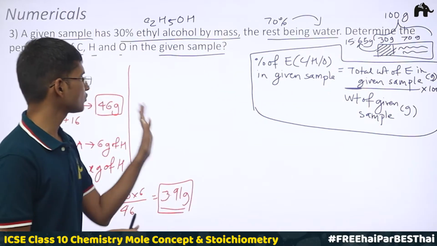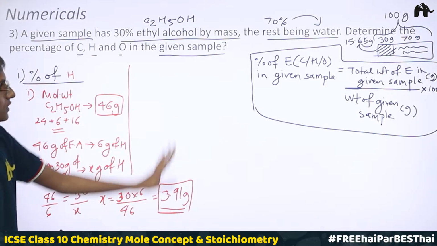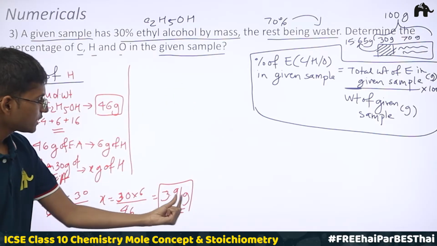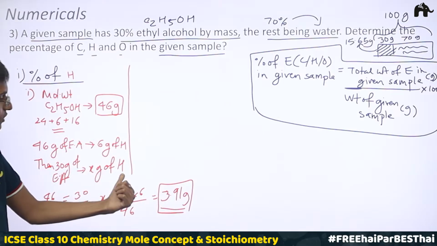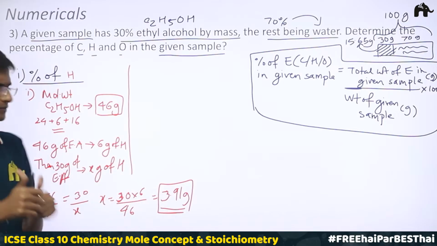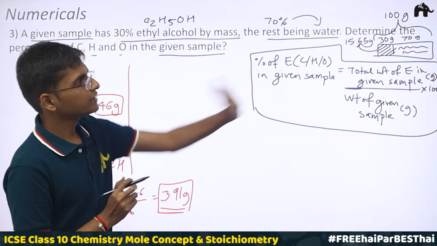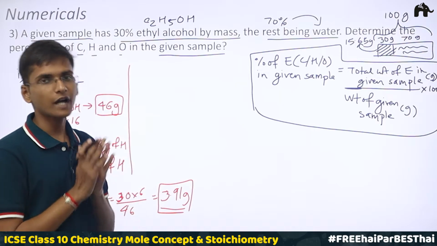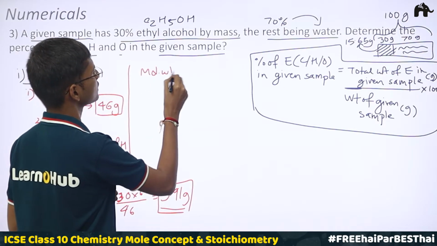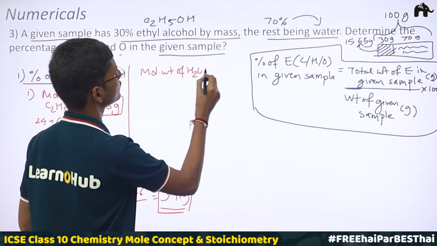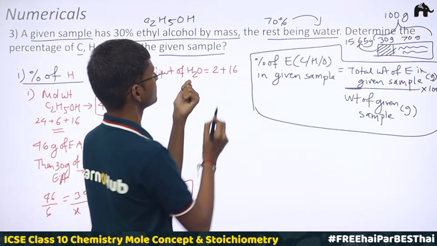Now in the same way we are going to find out how many grams. So we found out now that in 30 grams of ethyl alcohol, 3.91 grams of hydrogen is present. Clear? Then here, now we have to calculate in 70 grams of water, how many grams of hydrogen is present. Very simple. So again, starting with the same thing, molecular weight of water. Now we know it is 2 into 1 plus 16, right?